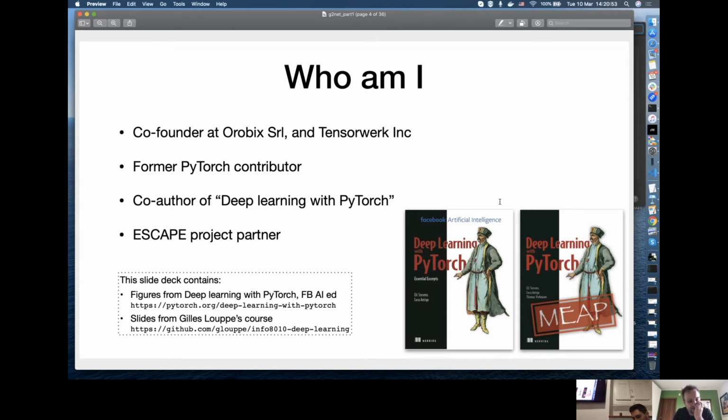This slide deck will contain mainly figures from the book, as well as some slides from a course that has been published online and has an open source license.